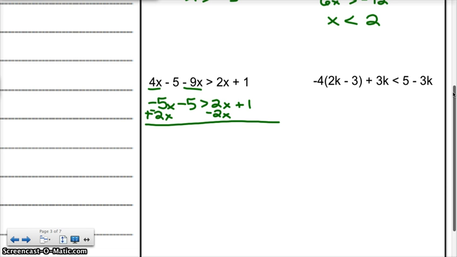Negative 5 plus a negative 2 is a negative 7x. Add 5. Divide by a negative. Flip the inequality. X is less than a negative 6/7. That's hard.